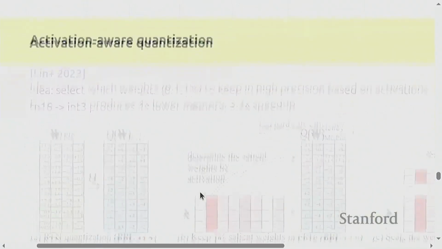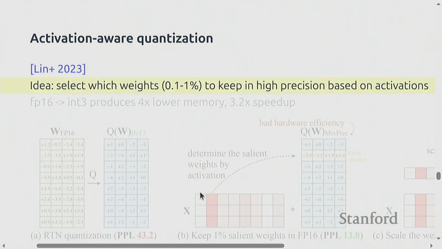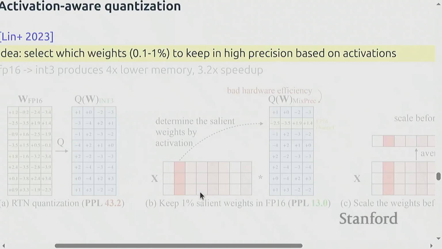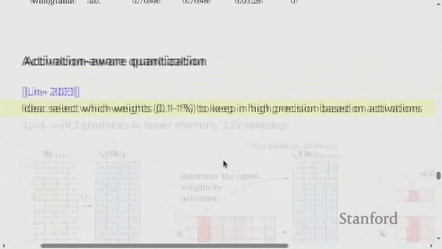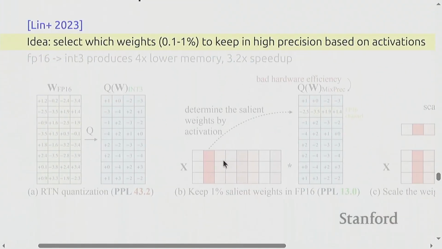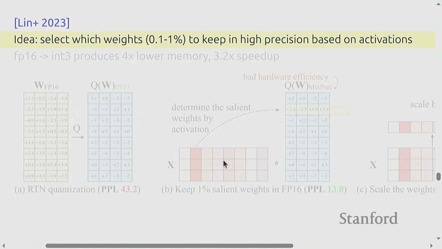There's another paper called Activation-Aware Quantization, and here the idea is that you're quantizing the weights, but you're going to figure out which weights to quantize based on the activations.